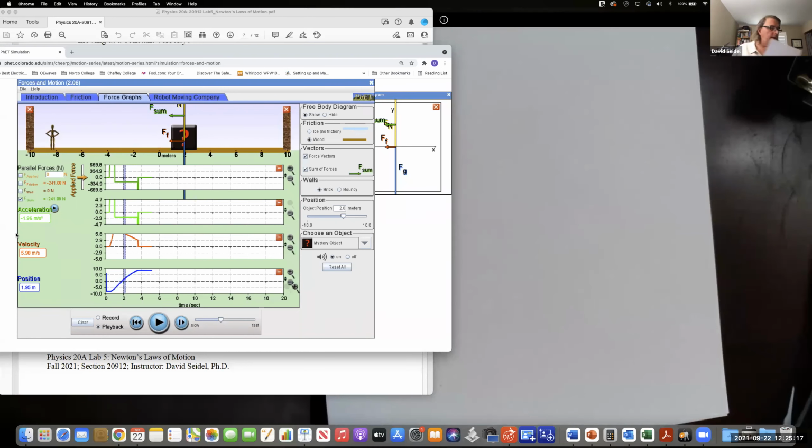You can creep up on it and say, where does it release? Now, to do that, you now know the mass and you know the coefficient of kinetic friction. You clear everything. We run the forces to 0.